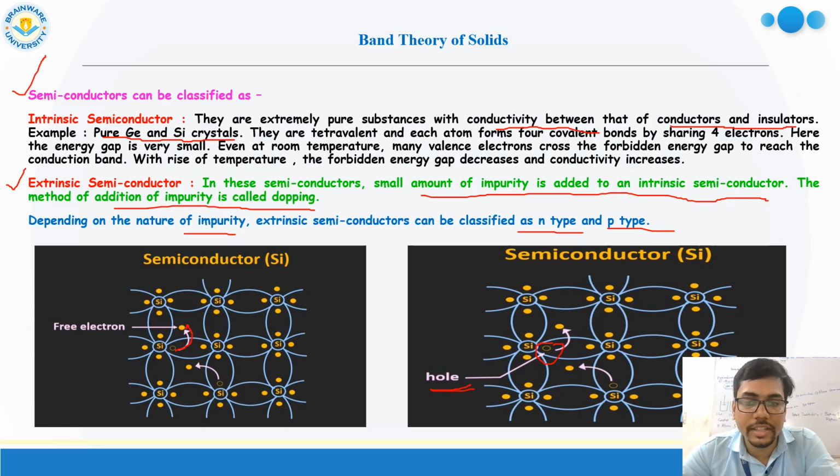So a hole is created. Now to fill this hole, from another covalent bond an electron will move into this position. So another hole is created. To fill this hole, from another bond an electron will move to this position, and in this way the movement of electrons and movement of holes takes place.